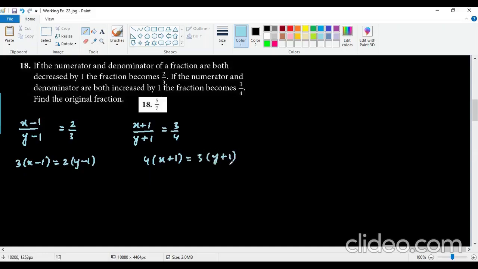3x minus 3 equals 2y minus 2, and this is going to be 3x minus 2y equals 2 plus 3. So this is 3x minus 2y equals 5. Minus 3 and this is a minus 2. So this is not 5 actually, it is going to be 1.